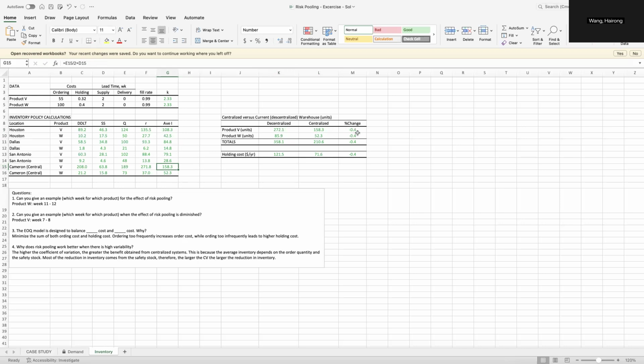And because we want to compare the two different inventories, we want to calculate the percentage of change. To calculate that, we need to use the centralized one minus the decentralized one, divided by the decentralized one. Then we can get the percentage change.